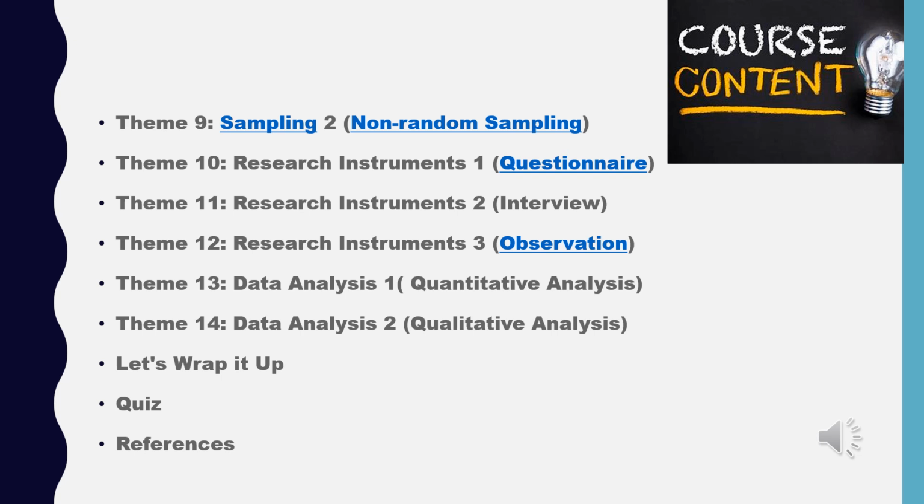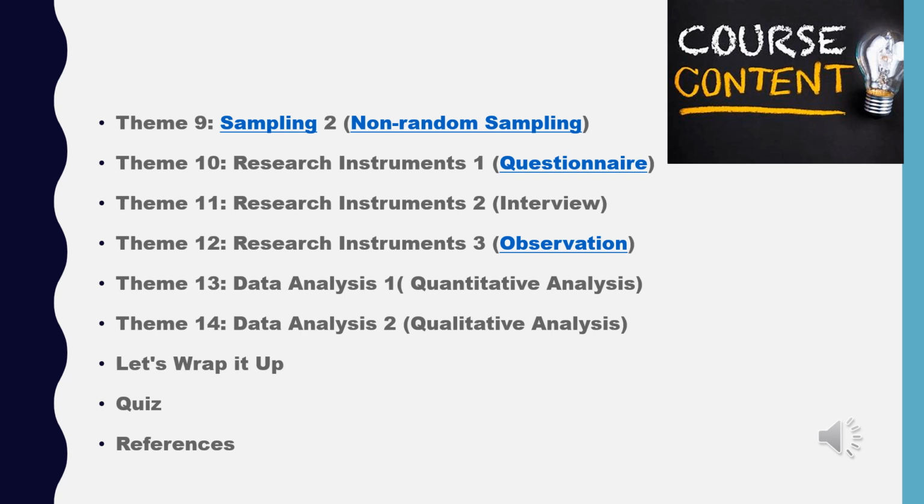First of all, we're going to be dealing with the questionnaires, their designs, advantages, disadvantages, types, and so on. Theme 11 will deal with the second research instrument, which is the interview. Again, definition, advantages, disadvantages, designs, and types.